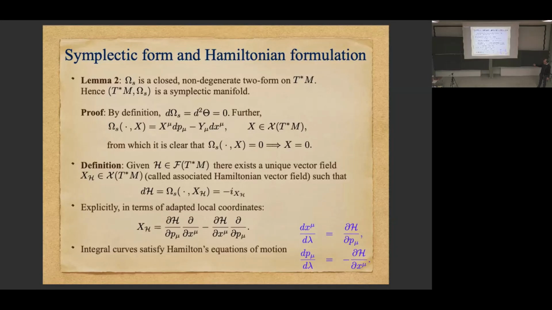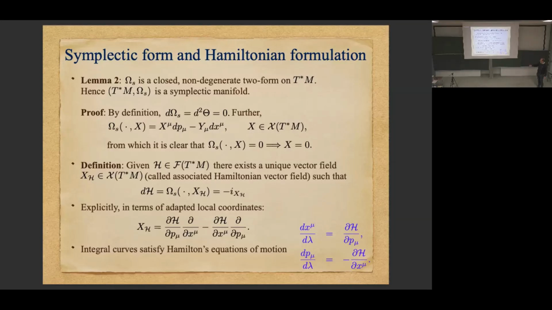And now comes the next definition. You have the symplectic form, so given a function h on the cotangent bundle, there exists a unique vector field, which we call xh, called the associated Hamilton vector field, which is dual to the gradient of h. So dh is omega s with xh in this entry. You can also write it in terms of the interior derivative like this.